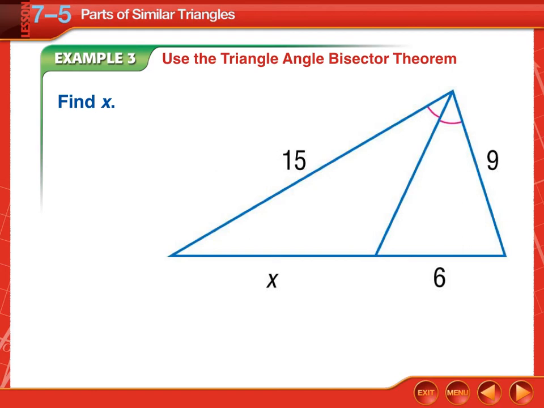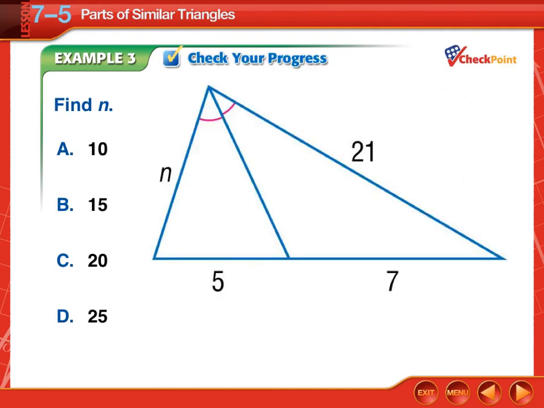So we could say x is to 15 as 6 is to 9, and you can cross multiply and solve. Likewise, we see we have that angle being bisected again, and we know these pieces are proportional to the sides. So we could say n is to 5 as 21 is to 7, cross multiply and solve.